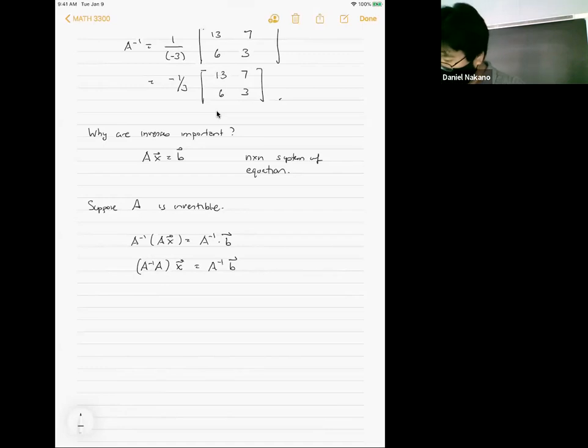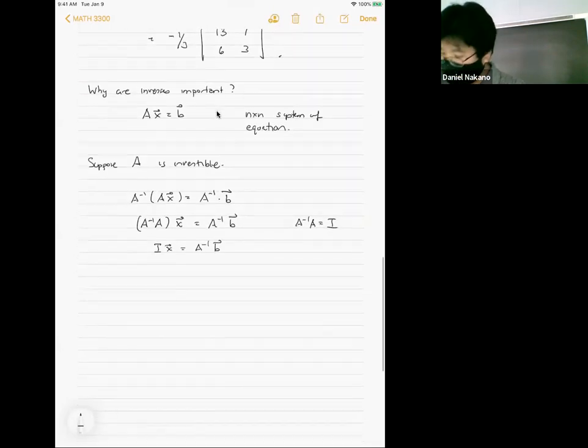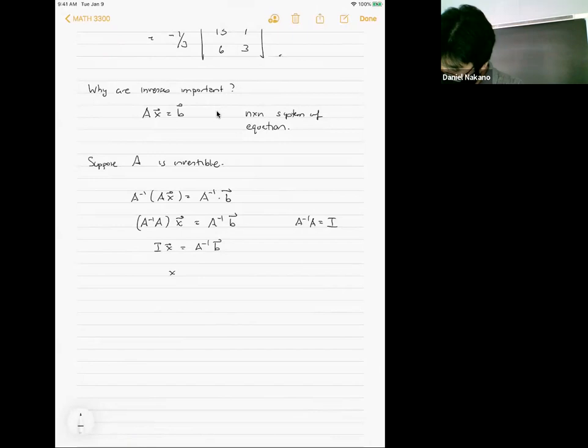Okay, so we know that A inverse A is the identity. Okay, so we can plug that in. And so we get X, the solution, is equal to A inverse B. Okay.